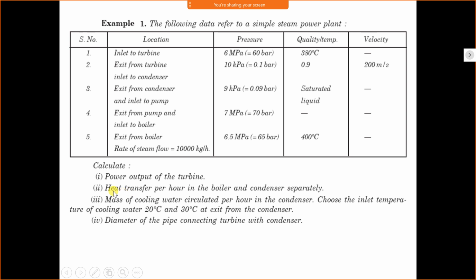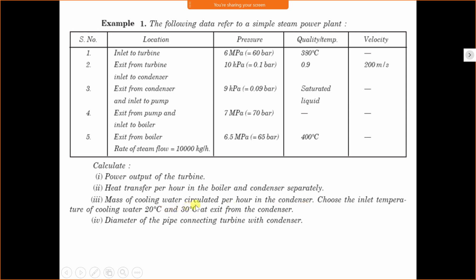Second, we have to calculate heat transfer per hour in the boiler and condenser separately. We have to calculate heat transfer in the boiler per hour and heat rejected by the condenser per hour. Okay. Therefore, in this case, we will use the mass flow rate in kg per hour only. Then the mass of cooling water circulated per hour in the condenser.